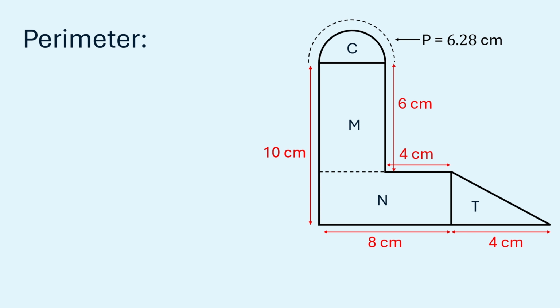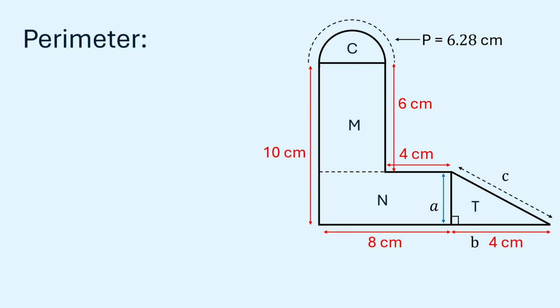Now we know the length of the circular section of semicircle C and the sides of rectangles M and N. Let's determine the side length of triangle T, so we can calculate the composite shape's total perimeter. In triangle T, sides A and B meet at the right angle and side C is the hypotenuse.